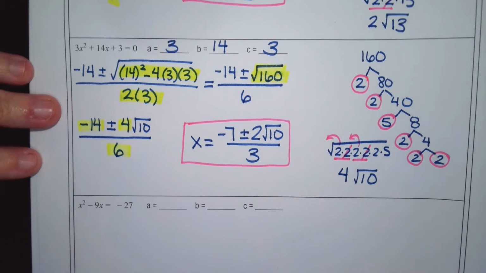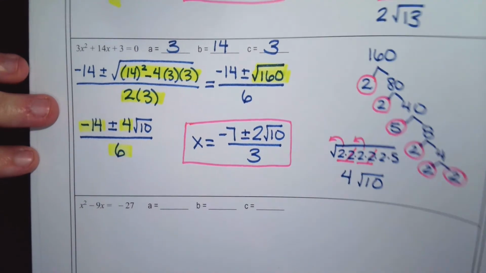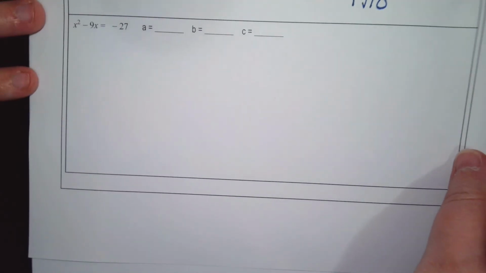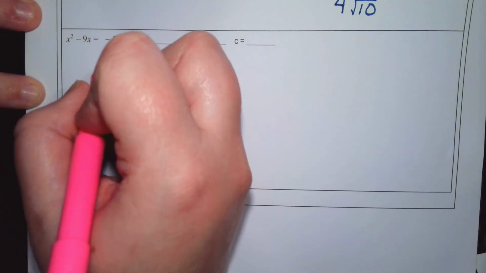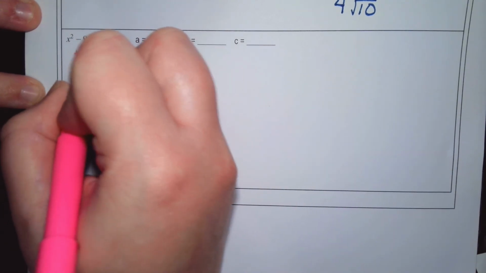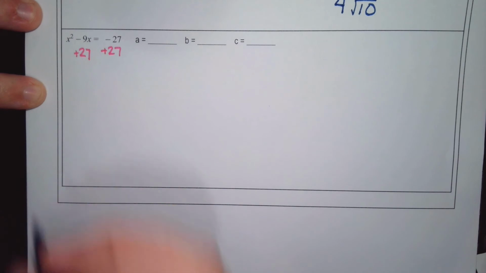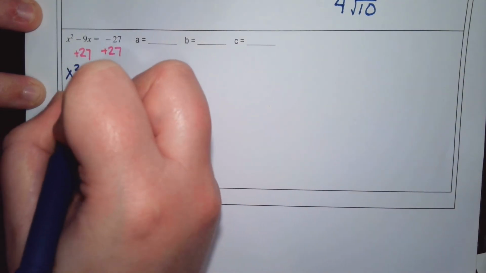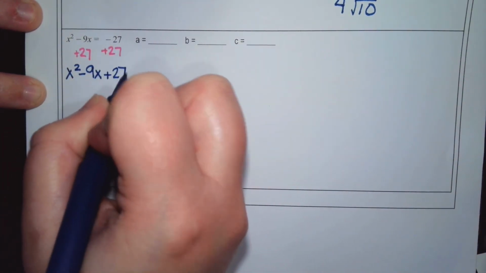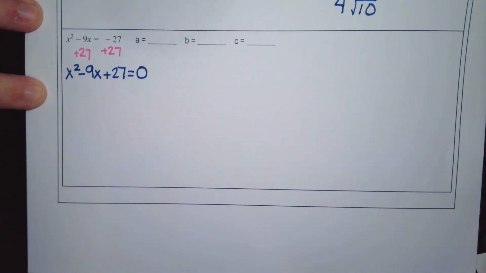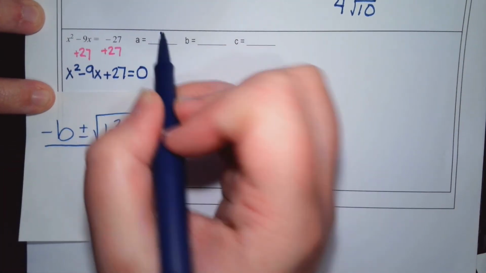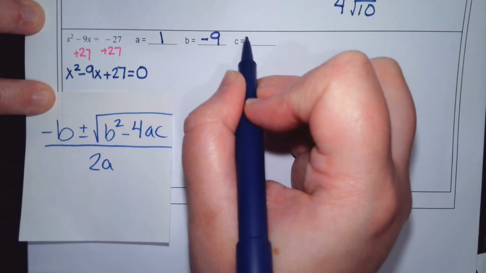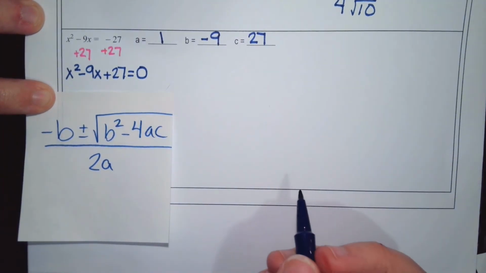All right. One last one and we'll be good to go for the quadratic formula. As you can see, it's not equal to 0, so I'm going to add 27 to both sides. So we have x squared minus 9x plus 27 is equal to 0. So our a is 1, our b is negative 9, and our c is 27.